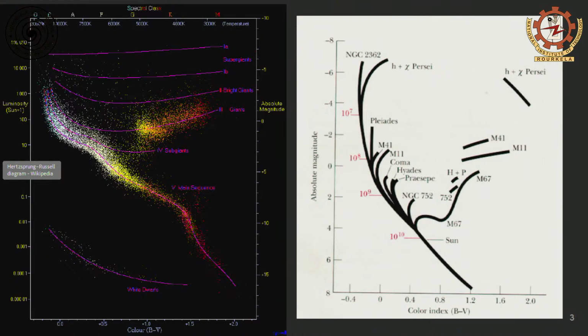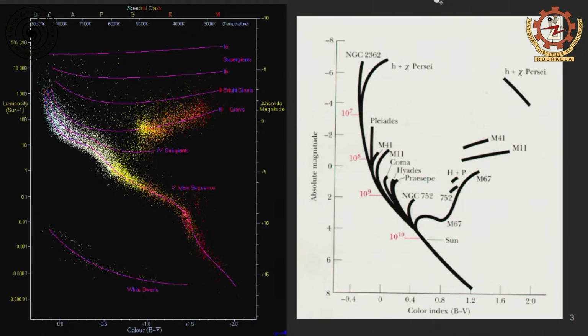And as you see here, from the same star cluster, the stars of different masses have different spectral class, different mass, and they fall in different regions. So you see a stretch of stars in the HR diagram, through which you can actually characterize the cluster and determine the parameters.